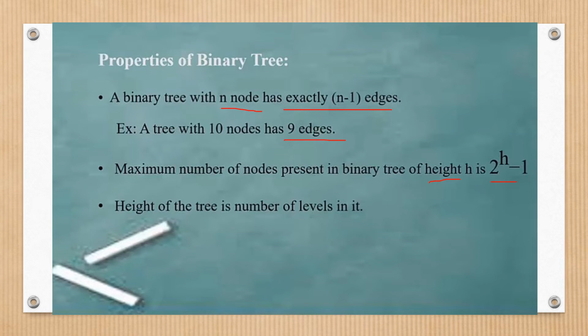Height of the tree is the number of levels in it. If a tree contains 3 levels, then the height of the tree is 3. If the tree contains 10 levels, then the height of the tree is 10.